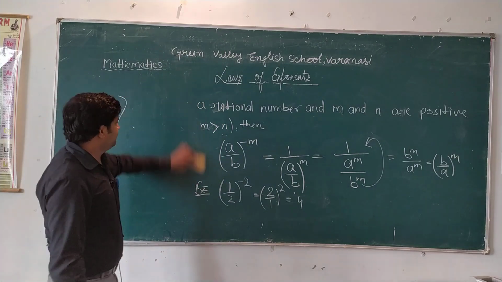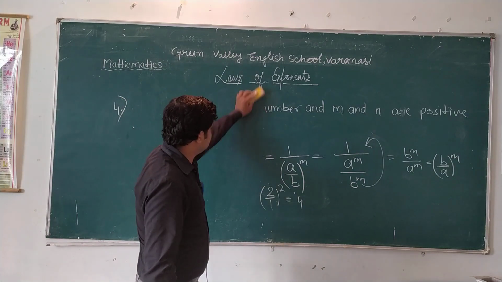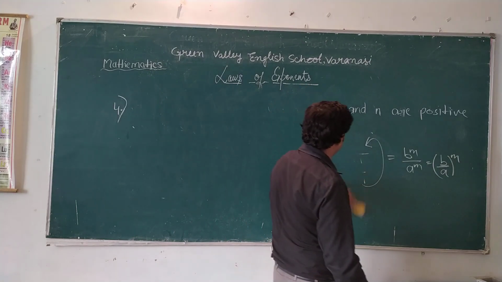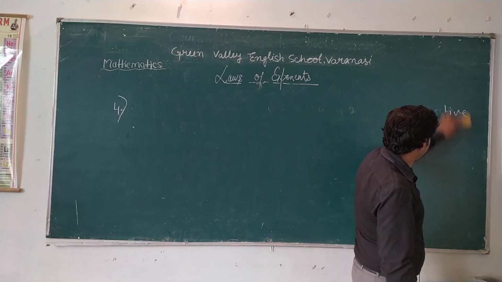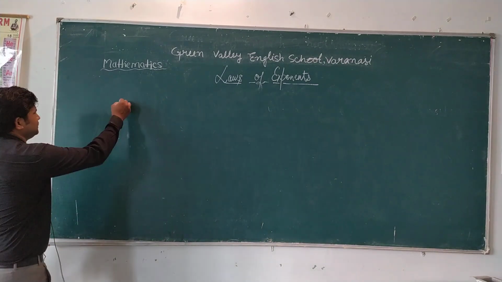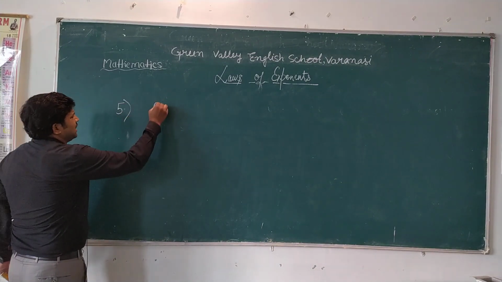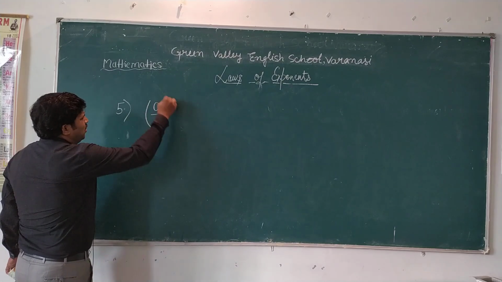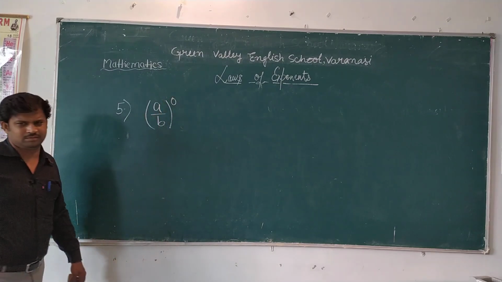Now we will discuss the fifth property, the fifth law of exponent, which is (a upon b) whole to the power 0.